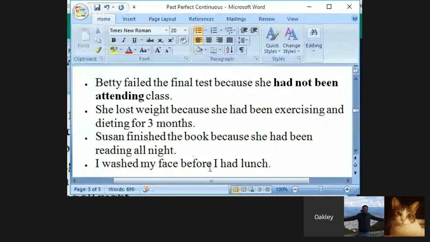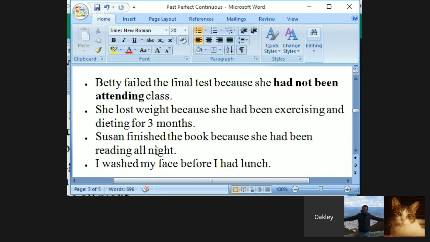That is because I'm using before or after. After I washed my face, I had lunch. Because I use before or after, I don't really need to use past perfect, even regular past perfect. I had washed my face before I had lunch. This seems like a weird sentence. This would be very strange to use past perfect continuous. I had been washing my face before I had lunch. Sounds weird.